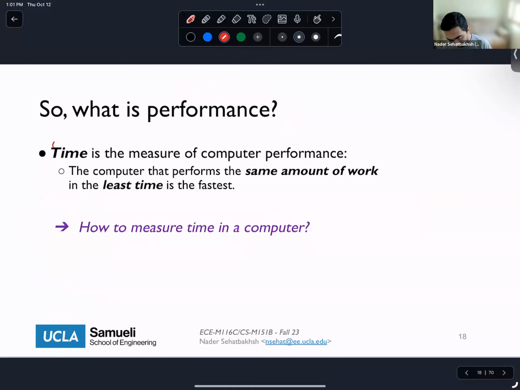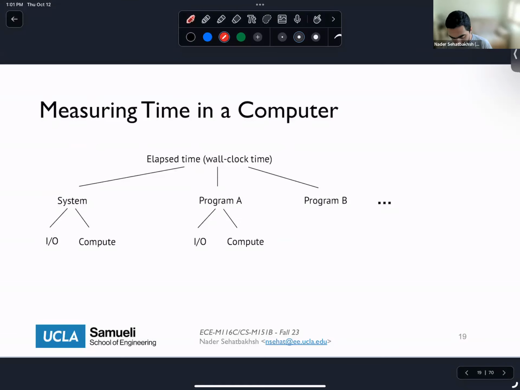And now the question becomes, how do I measure time? You might think that measuring time is trivial, but in fact, it's not. The reason is that we have a bunch of different things going on at the same time for a program. So let me break down this figure for you. We have this measured time, what we call elapsed time or wall clock time.